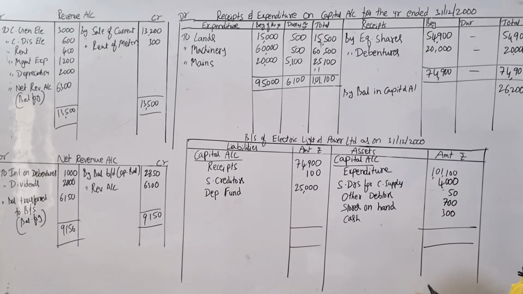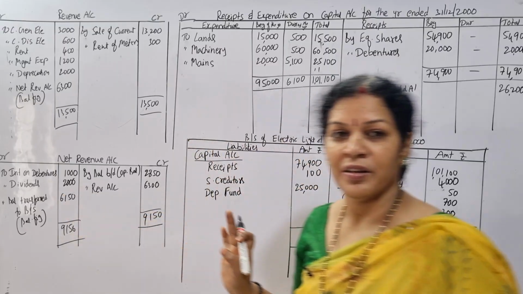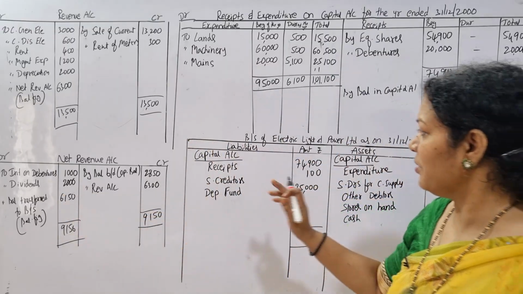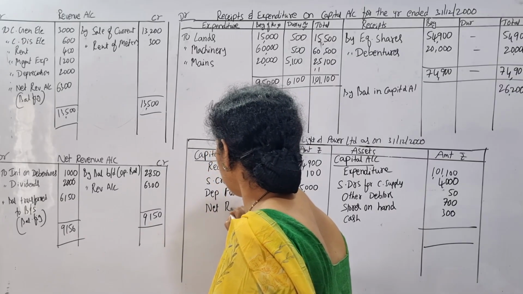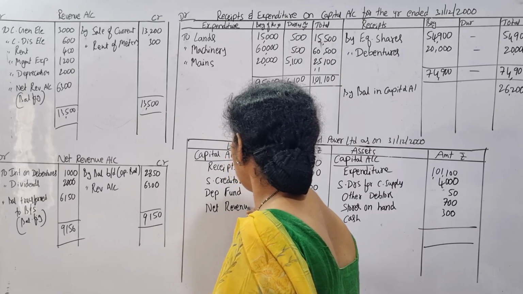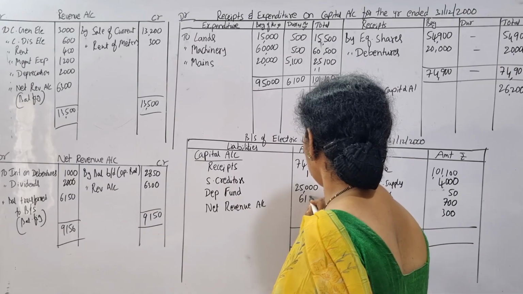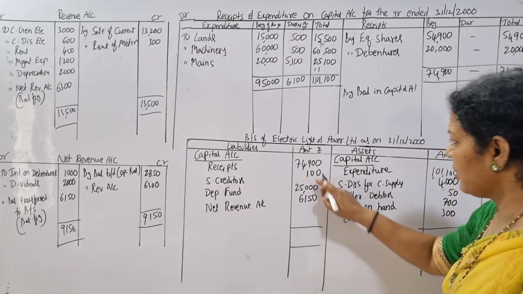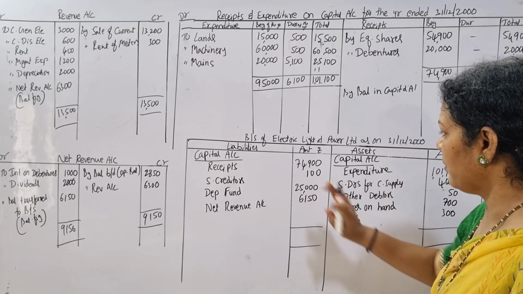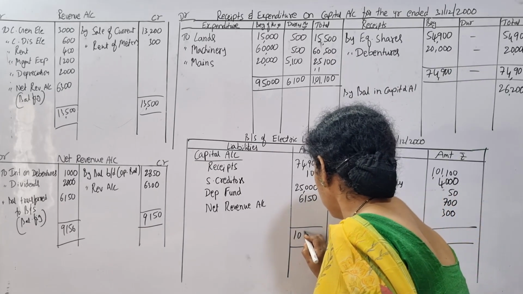Now total. One amount we have to write, so that is this one. Net revenue account balance transferred, right? So this will say net revenue account, 6,150. So how much does it come to? 1 lakh plus 6,150, 1 lakh 6,150.